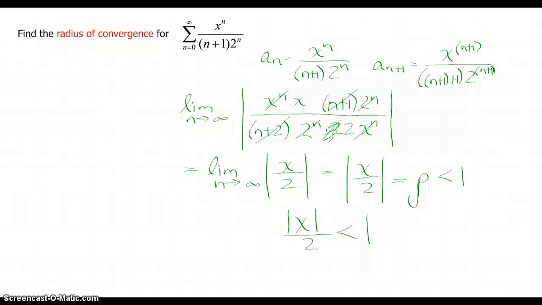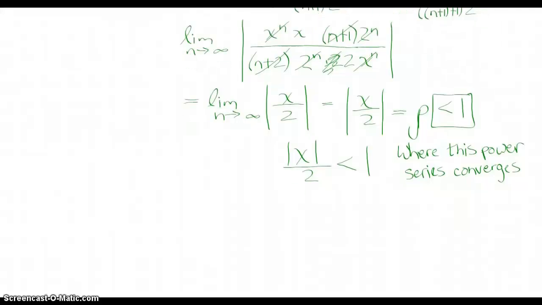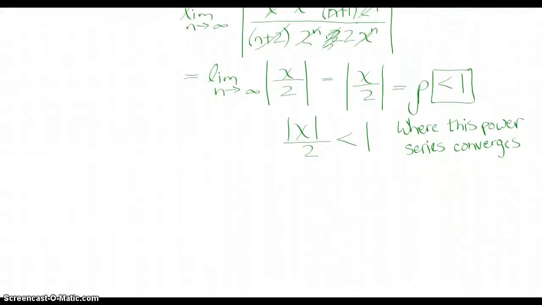So the absolute value of x over 2 has to be less than 1, and this leads us to where this power series converges, because that's what we're after. We have to remember to bring this to our answer because we're after the values where it converges. We know in the absolute ratio test we converge where rho is less than 1.